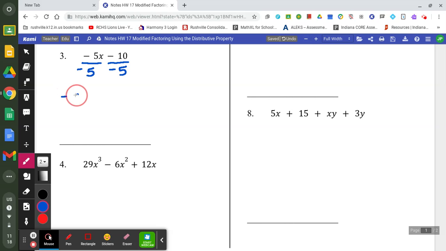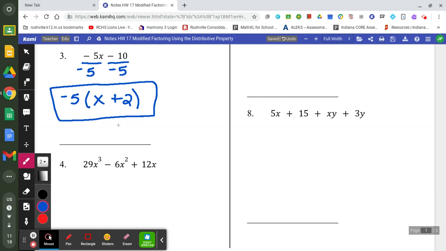So negative 5 is my greatest common factor. Negative 5 divided by negative 5, those cancel because they're exactly the same. So I'm left with x. And then negative 10 divided by negative 5 is a positive 2. And so my answer is negative 5 times the quantity x plus 2.